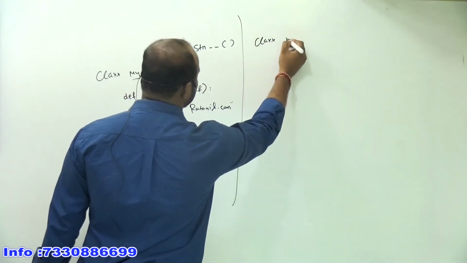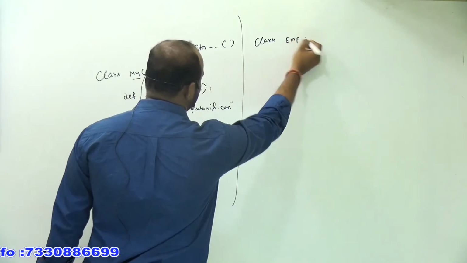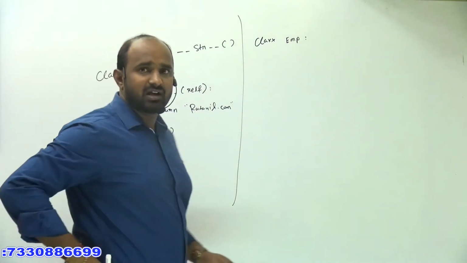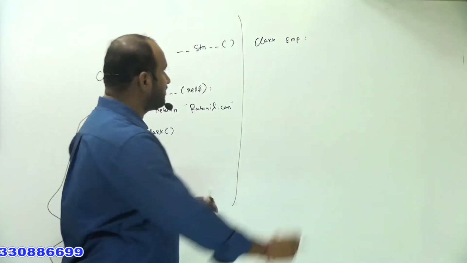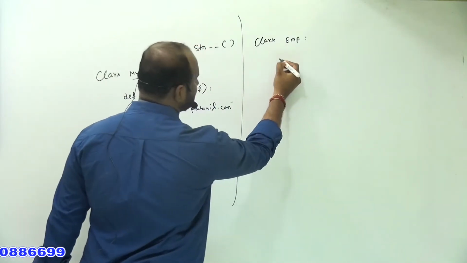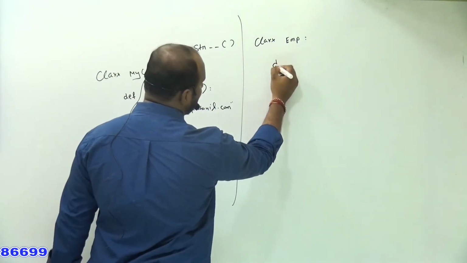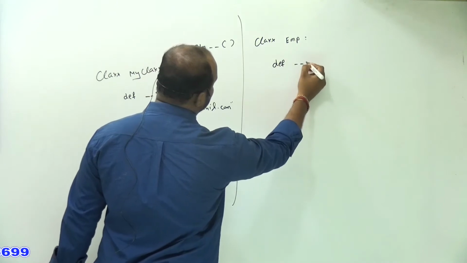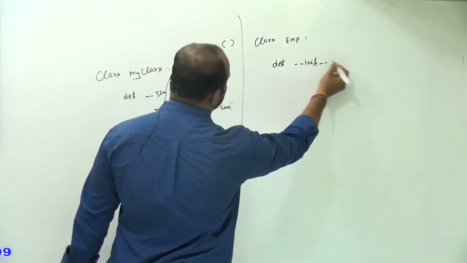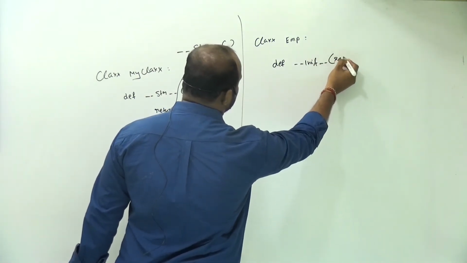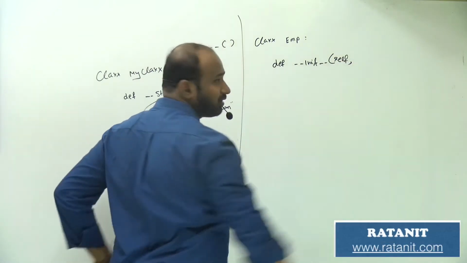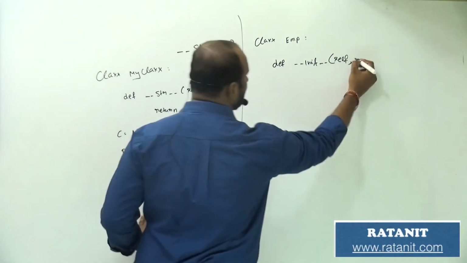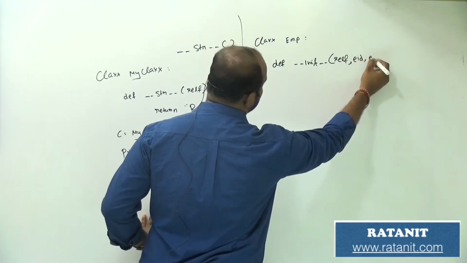See what I said here: declare, as usual, class employee. During object creation I want to initialize the values, so def underscore underscore init underscore underscore, self comma. How many arguments do you have to pass? eid and ename.